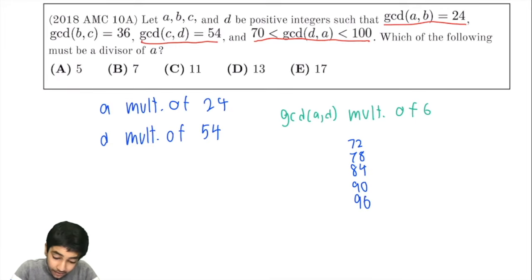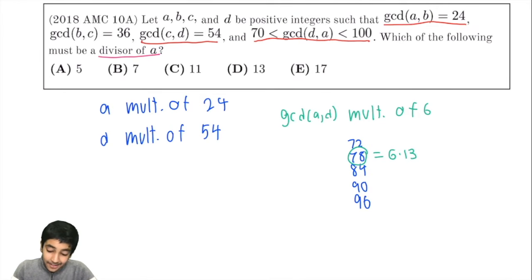And if a factor must be a divisor of A, it has to also divide GCD of A and D. Otherwise, there won't necessarily be a need for it to be a divisor of A. So one of these primes has to be a divisor of GCD of A and D. Out of all these values, 72 to 96, which one of them has any of these factors? You can see that 78 is the only number from 72 to 96 that has any factor other than 2 and 3, since 78 is 6 times 13.